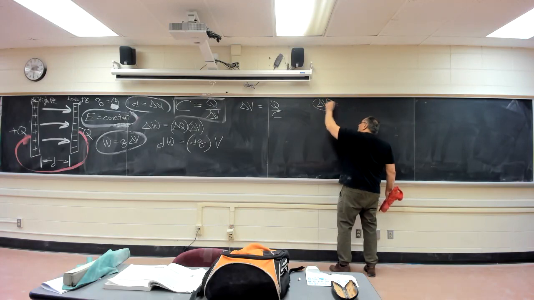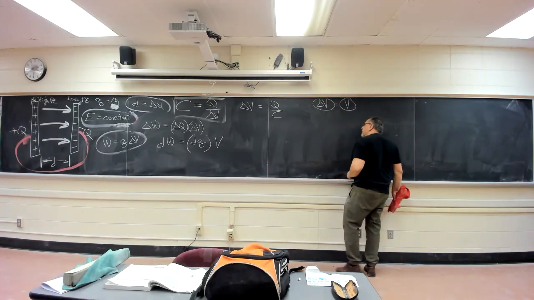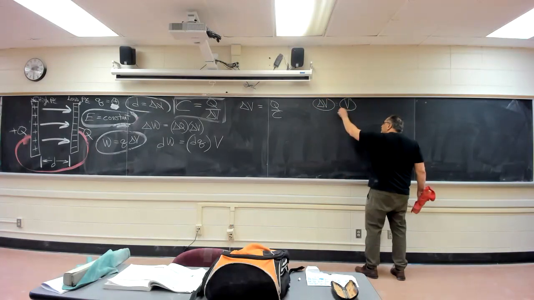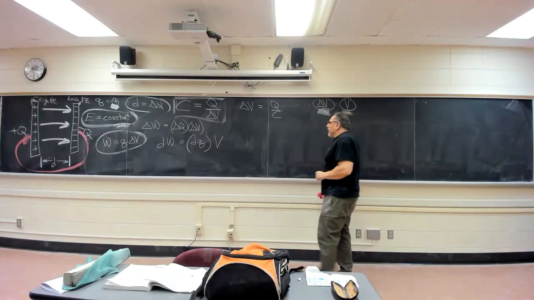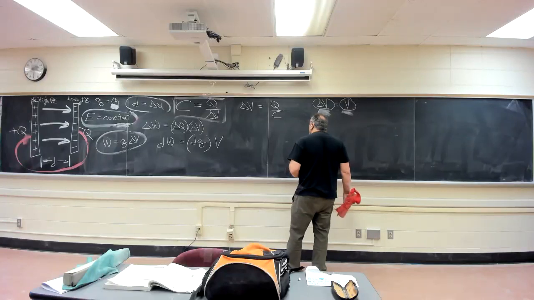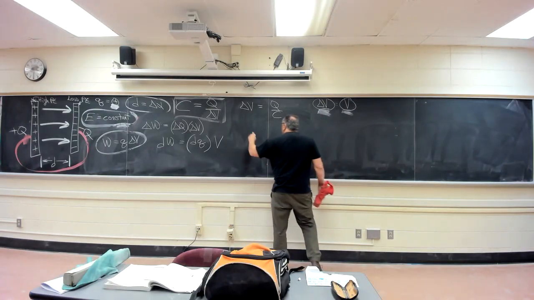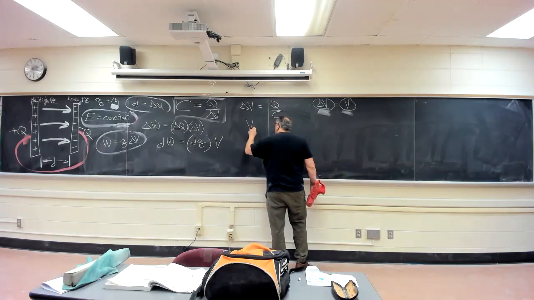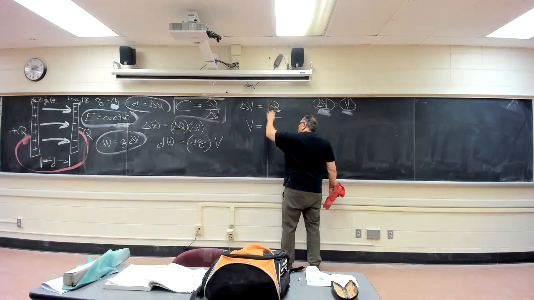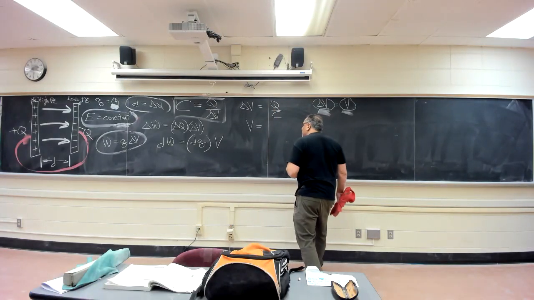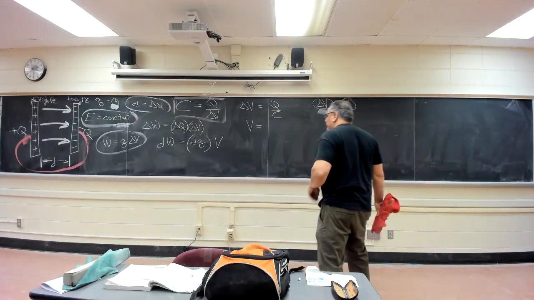The delta V and the V can be synonymous. There is a voltage, V, which is the same as delta V. This is however much is present in a particular location.